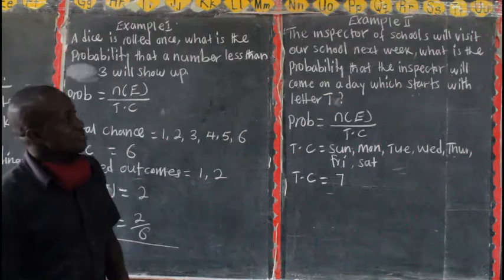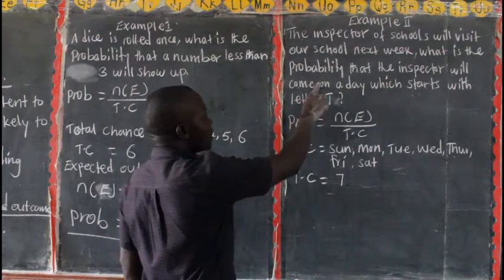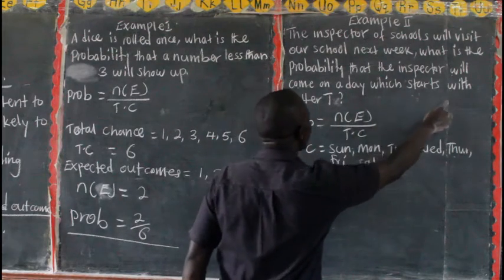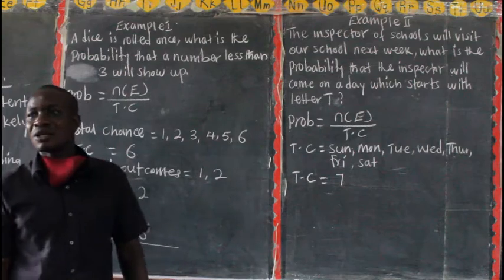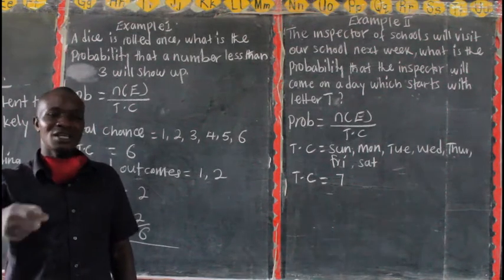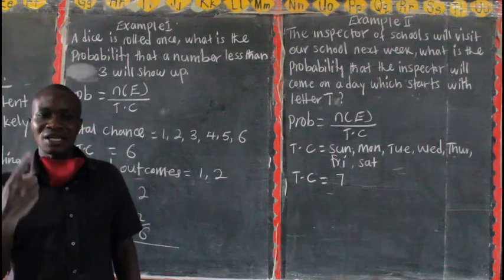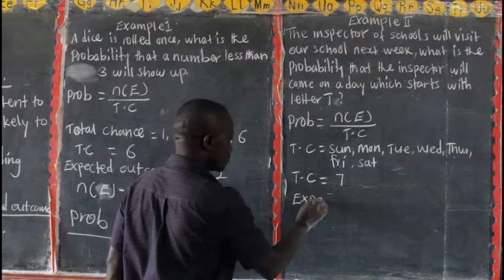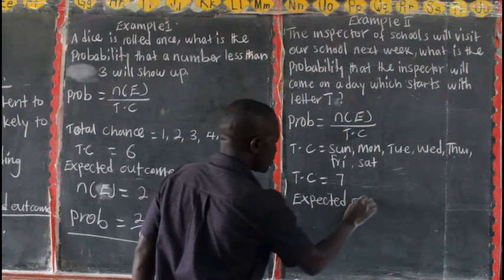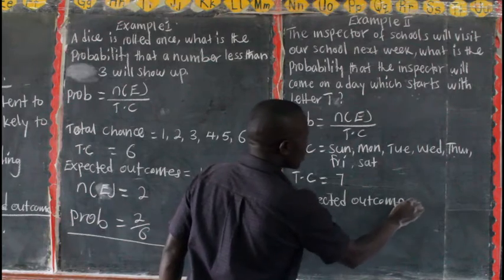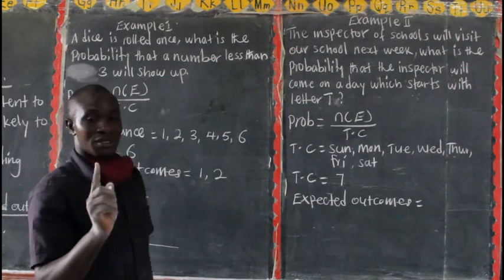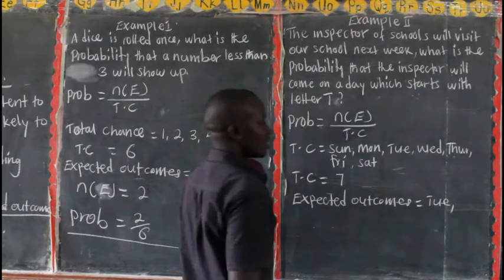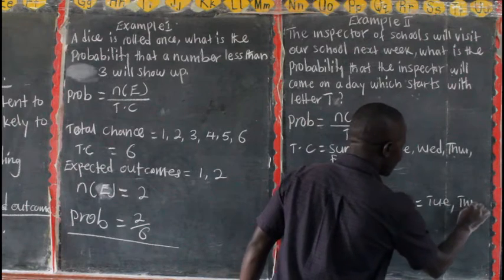Now, the question is asking, what is the probability that the inspector will come on a day which starts with letter T? Let's begin by identifying the number of days which start with letter T. That is now the expected outcomes. Here we have Tuesday and Thursday.